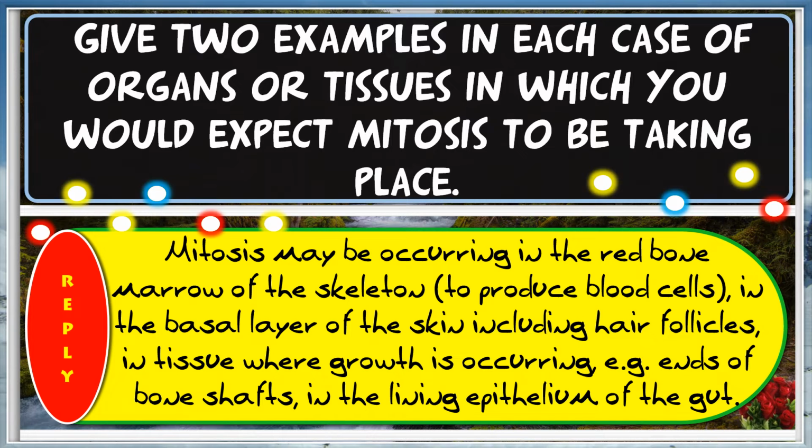Mitosis may be occurring in red bone marrow of the skeleton to produce blood cells, in the basal layer of the skin, including hair follicles, in tissue where growth is occurring, for example, ends of bone shafts, in the lining epithelium of the gut.